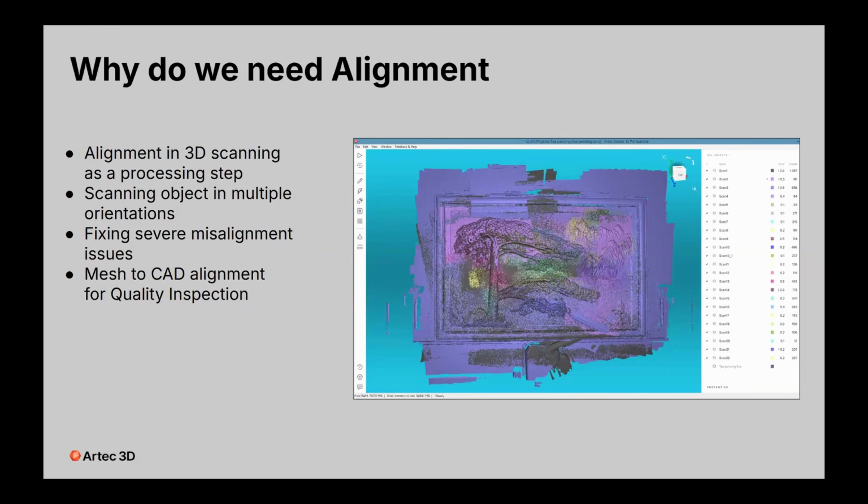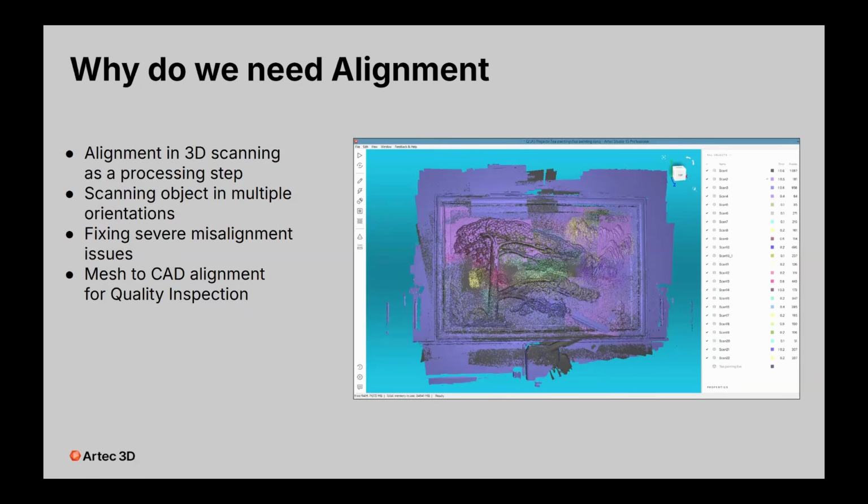Of course, a lot of objects cannot be scanned from a single orientation, and that is why we need to flip and rotate them and make multiple scans, and in those cases alignment of course is a crucial step in order to get your full 360 3D model and export it later on. Then the alignment can be used to fix severe misalignment issues. So it can be a tool to help the global registration in case you have a lot of issues with your scan.